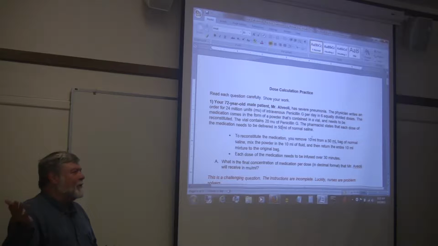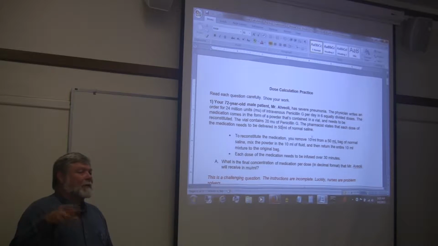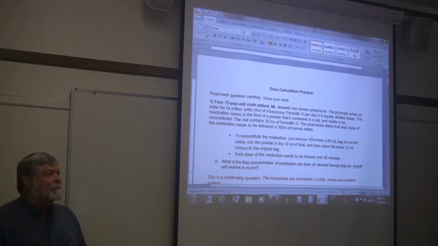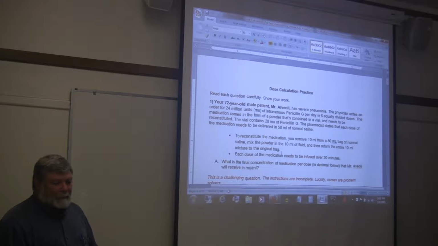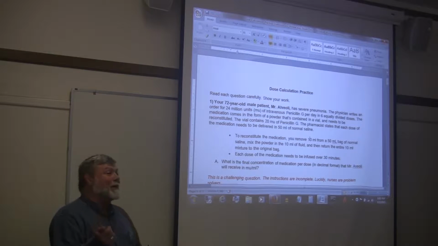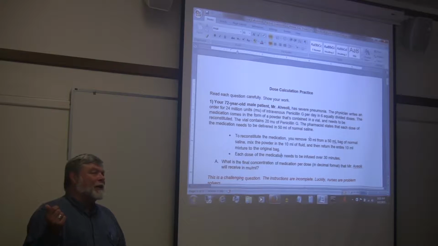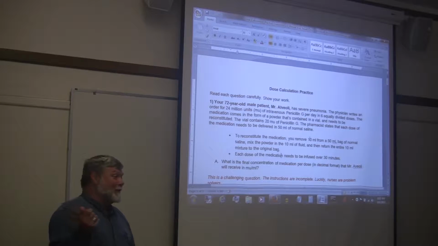Okay, so you can do the quick math, right, on what you're going to program the pump to for milliliters per hour to give that 50 over 30 minutes? 100 an hour, right. So that part's easy. And what's the final concentration if you do, as was suggested, put 2 mLs back into the 40s?